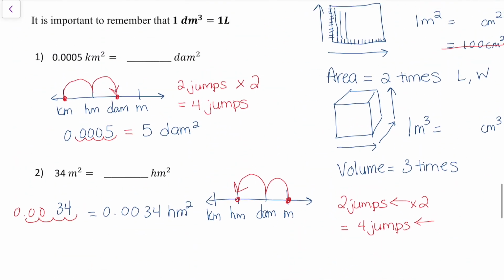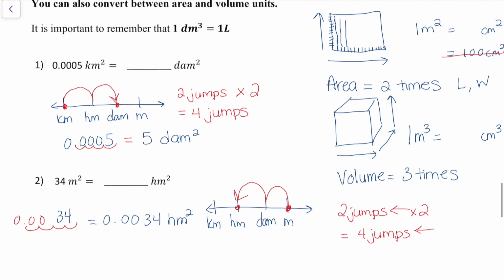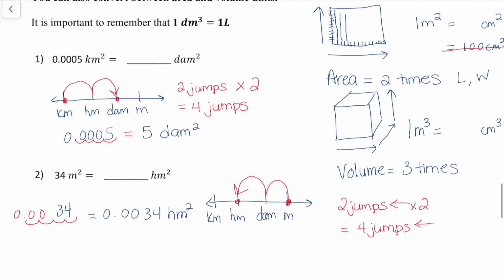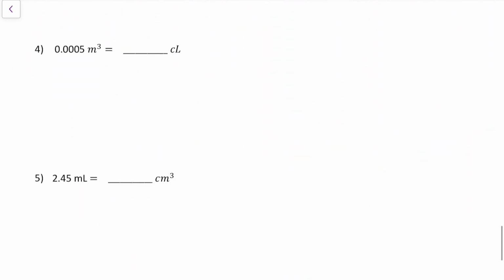Okay, next we have some conversions that go between a meter or a length measurement to a volume measurement in terms of liters. And so the conversion that kind of bridges that is 1 decimeter cubed equals 1 liter. So 1 decimeter cubed equals 1 liter.